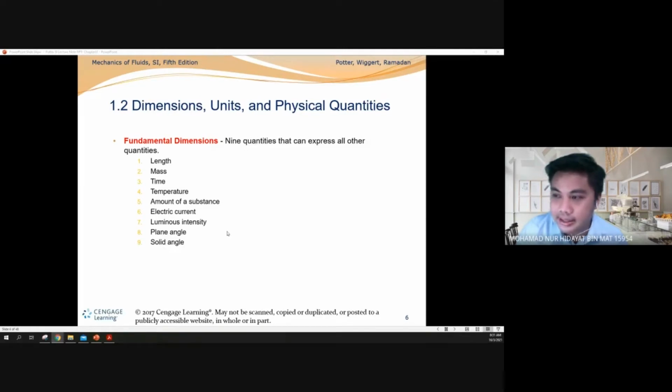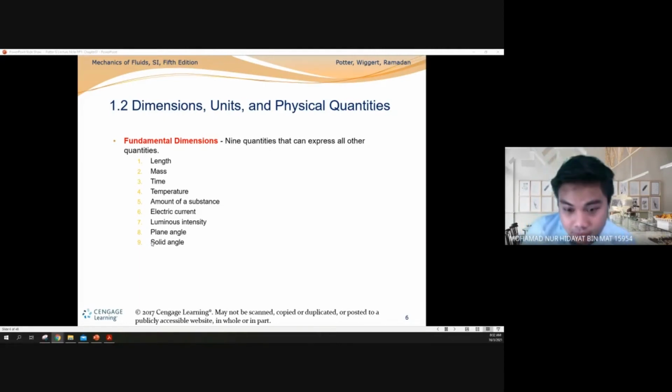These base dimensions can form derived dimensions by combinations.